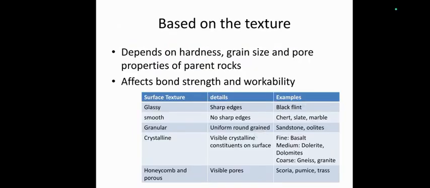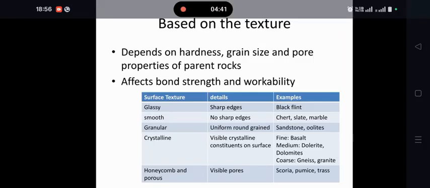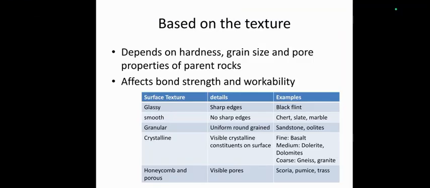Next one is based on the texture. Based on the texture, it is classified as glassy, smooth, granular, crystalline and honeycomb. Glassy will have sharp edges, and smooth denotes gravel. Granular means it will have a lot of small pores.